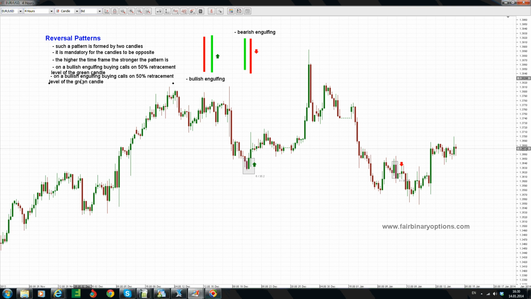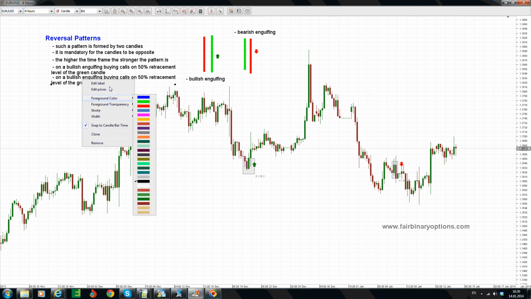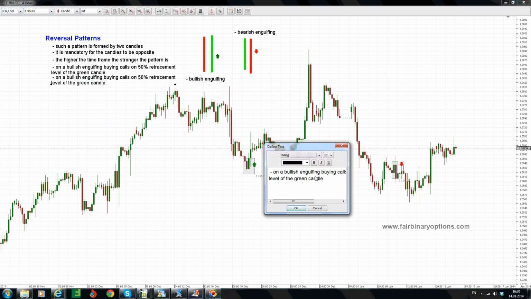And of course the other way around is exactly valid on a bearish engulfing. We are buying put options.